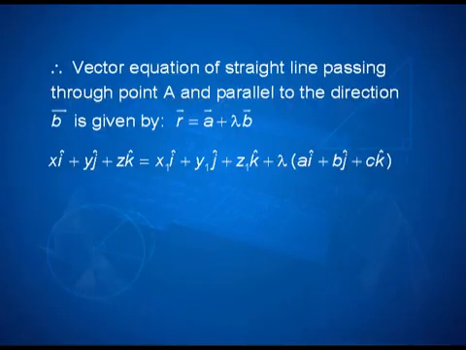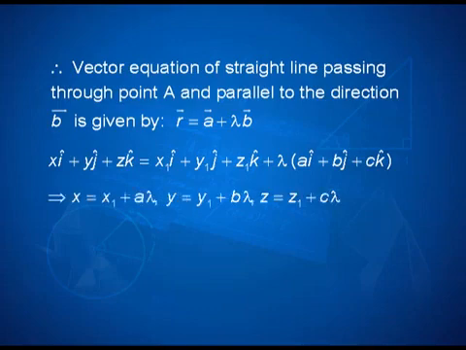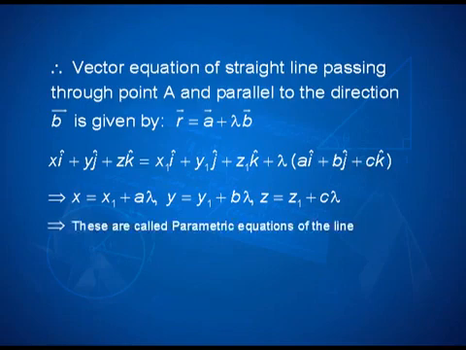If I equate the i cap, j cap and k cap coefficients, which are nothing but the components of the vector in the 3 directions on the 2 sides, I get x is equal to x1 plus a lambda, y is equal to y1 plus b lambda, z is equal to z1 plus c lambda. These equations are referred to as the parametric equations of the line in space.